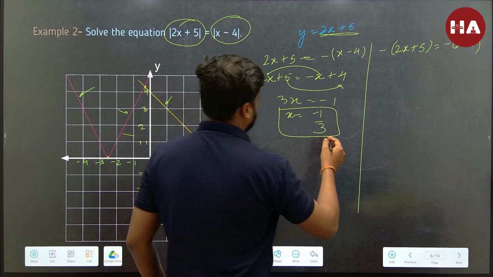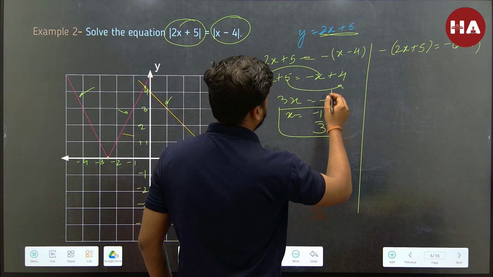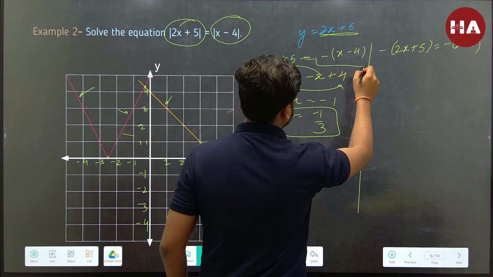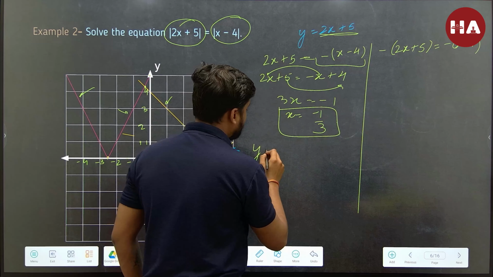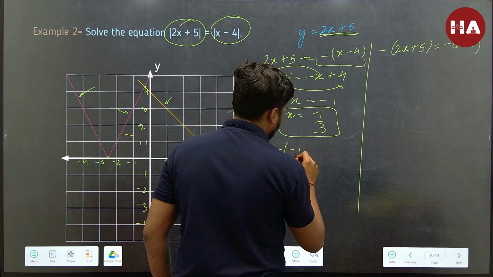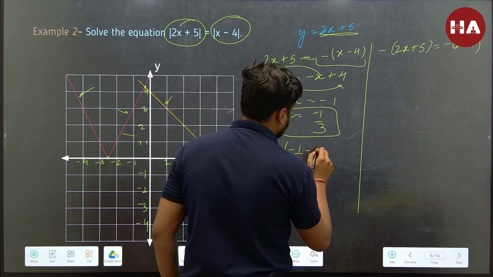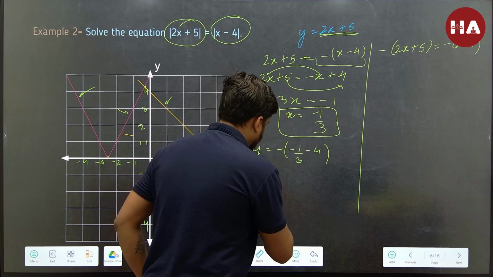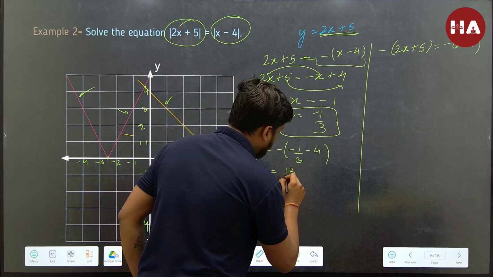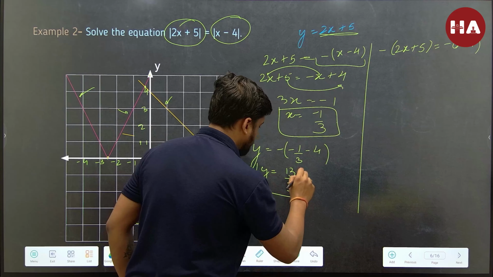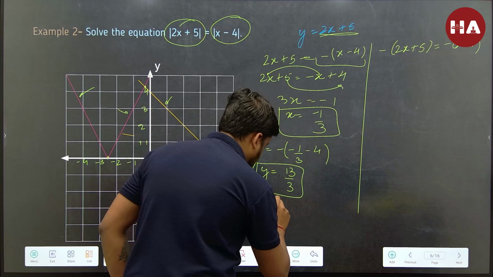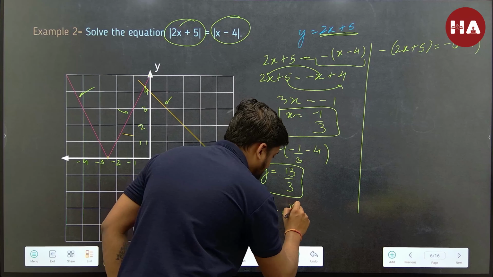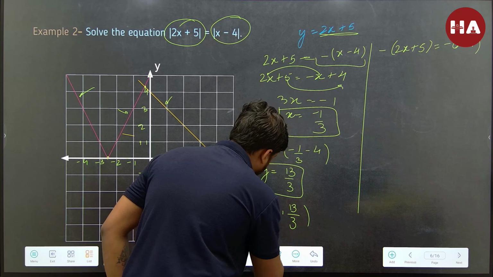And if I substitute x as minus 1 over 3 in this equation, I'll get y equals minus of minus 1 over 3 minus 4, that is minus 1 over 3 minus 12 over 3, which is minus 13 over 3, so y will be 13 over 3. So my first coordinate becomes minus 1 over 3 comma 13 over 3. That is my first one.